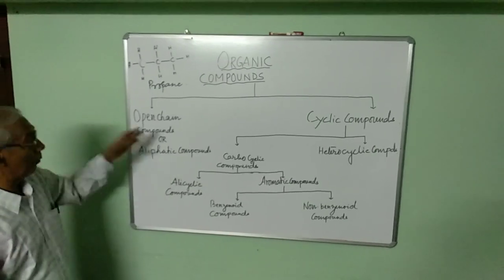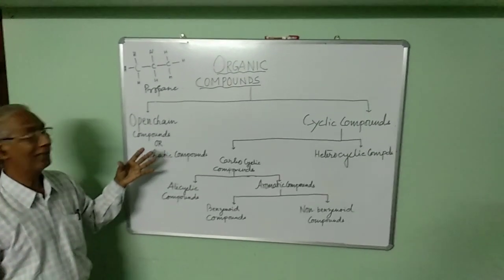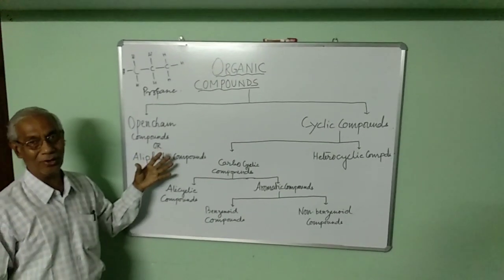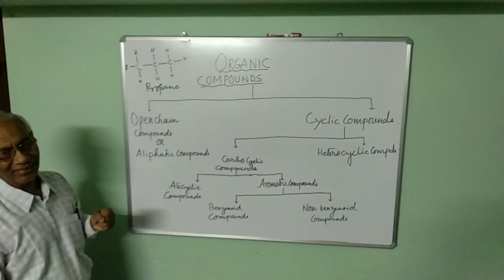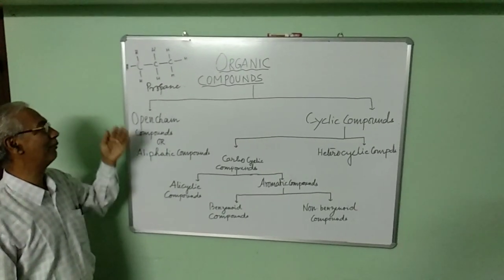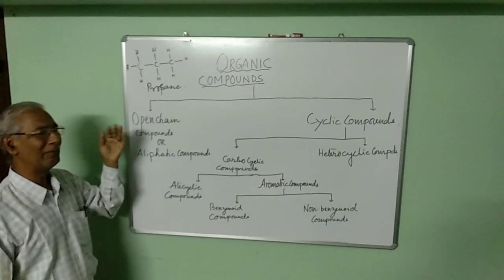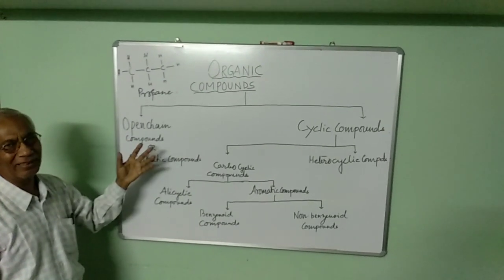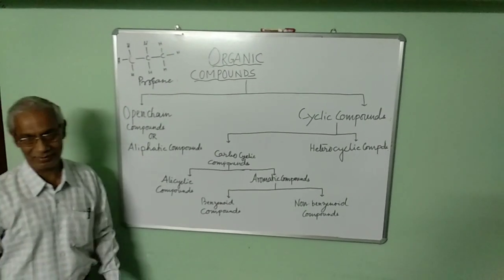These compounds are generally found in fats and oils, that is why these open chain compounds are called aliphatic compounds. Other examples may be ethane, propane, butane, pentane, isobutane, etc. All are open chain compounds.